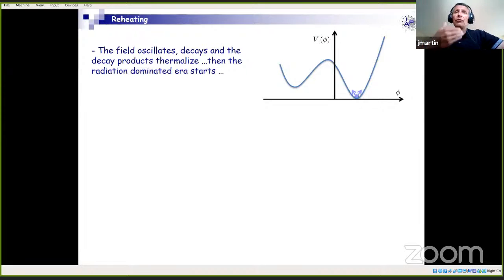In this regime, the field oscillates. It decays when the lifetime of the inflaton field has been reached. It decays into some decay products, and these decay products are supposed to thermalize, and this is how you start the radiation-dominated era at a given temperature, which is known as the reheating temperature, that can be inferred from the knowledge of the decay rates of the inflaton field.